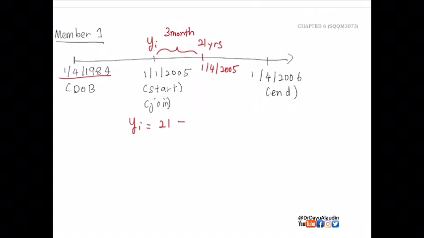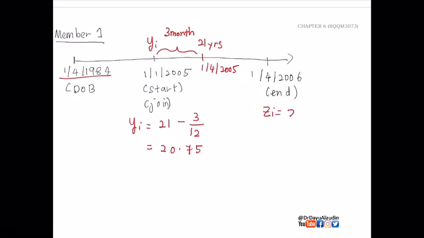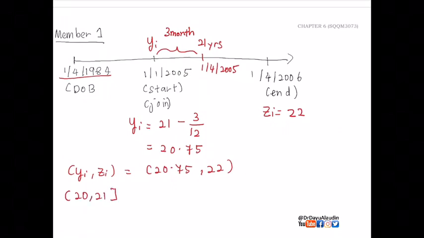So yi becomes 21 minus 3 over 12, which is 20.75. Zi is an integer because it follows the member's birthday, so here he is 22. So yi, zi is 20.75 and 22. The first interval estimate is between 20 and 21.